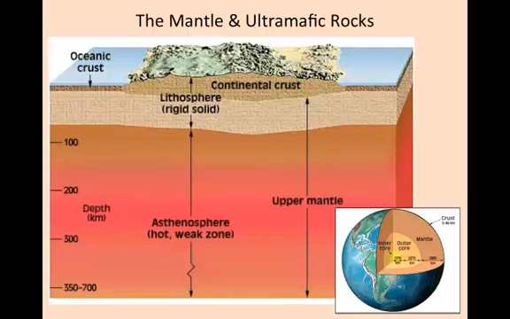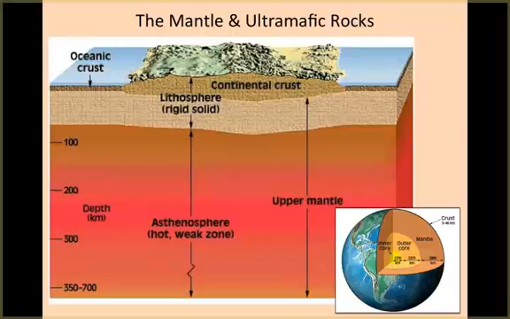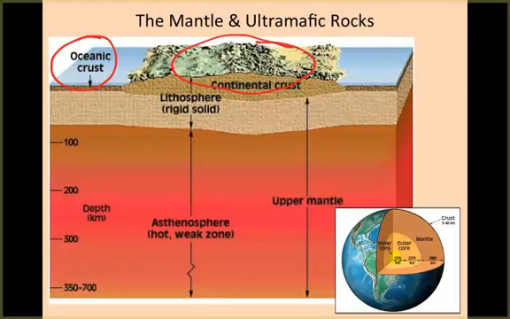So where we've been talking about the oceanic crust being basaltic, a good example of mafic rock, and the continental crust being much more felsic, generally andesitic or granodiorite composition if you were to consider all the rocks that are in the continental crust.